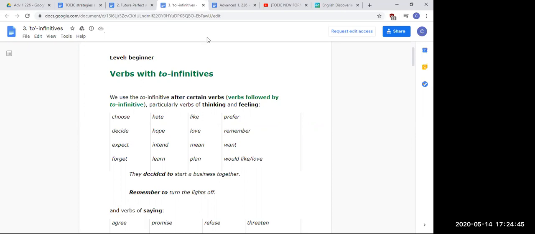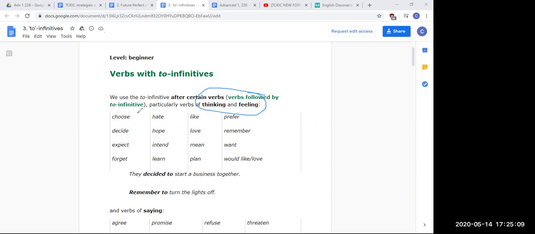Okay. So the most common kind of verbs that we use in this way are the verbs of thinking and feeling. So using our mind, using our brain, using our emotions.